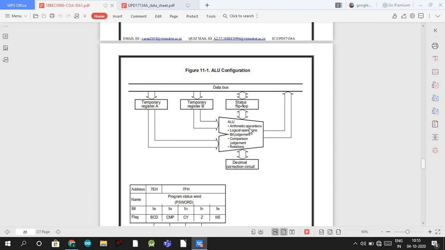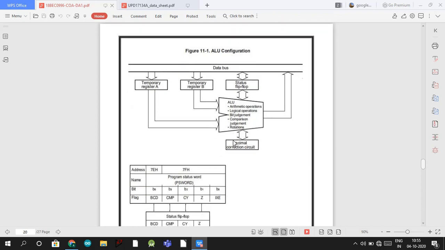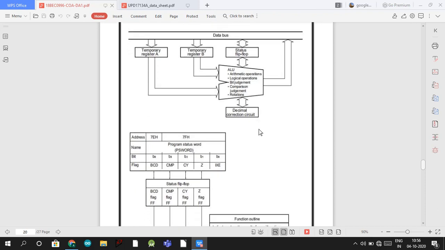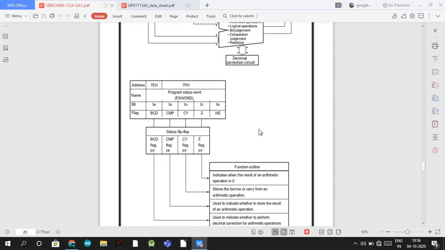The three are interconnected with the arithmetic logic unit, and the decimal correction circuit is also connected with the arithmetic logic unit. Inside the arithmetic logic unit, many operations happen, for example arithmetic operations, logical operations, bit judgment, comparison judgment, and rotations. This type of operation happens in the arithmetic logic unit.